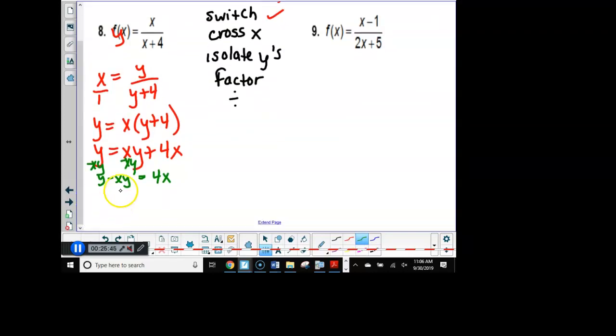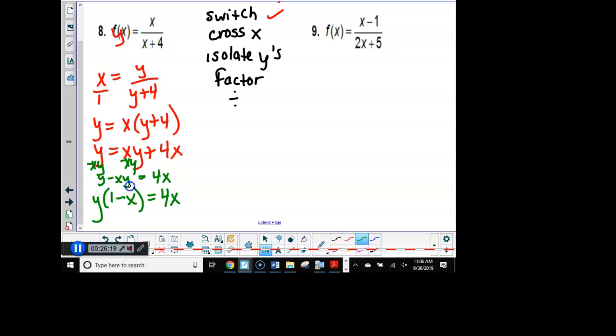What is the next step according to my little setup here? Factor what? Anybody know? We're trying to get y by itself. So on this side, we can factor out a y. What will we have? Be real careful. Does everyone understand where that 1 came from? We have to be able to distribute that back and get what we had.